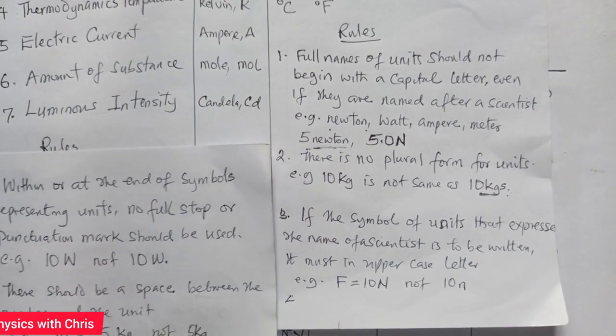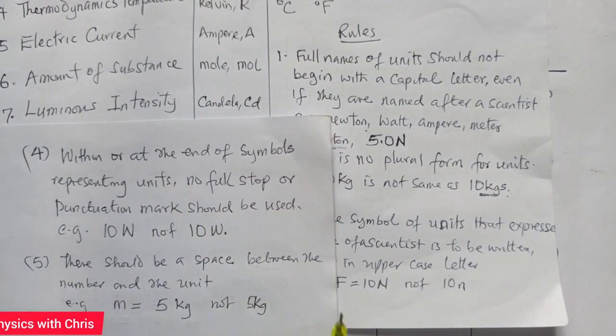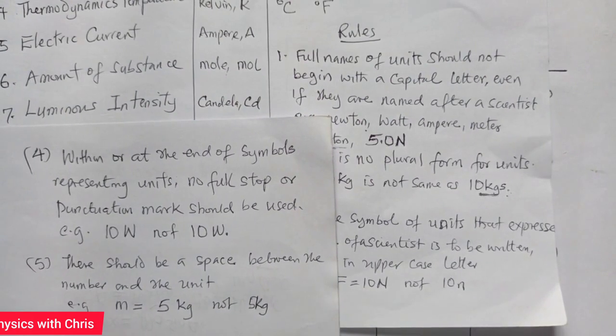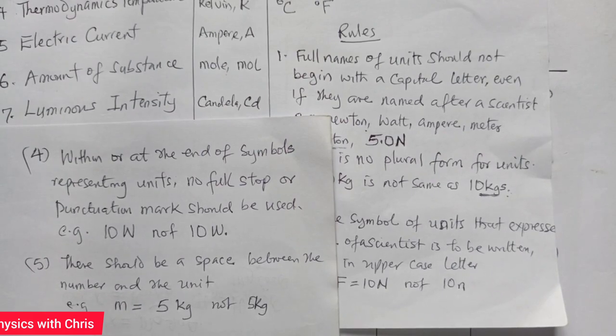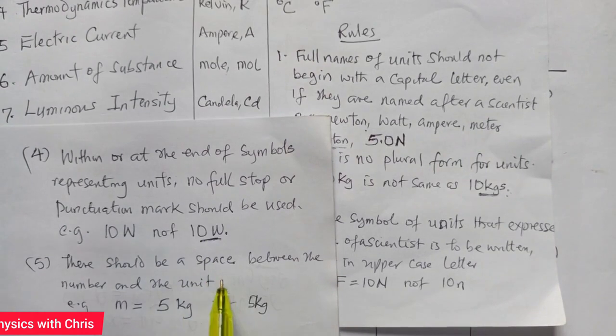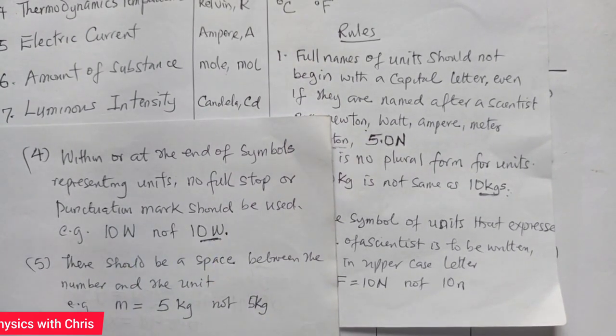Then the fourth rule is that within or at the end of symbols representing units, no full stop is required. So we don't need to place any full stop or comma after the unit is written. So this is wrong. This full stop is not supposed to be here. We don't need any punctuation mark here.